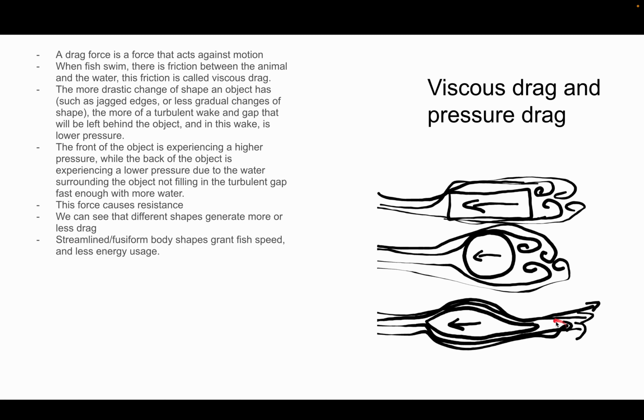This helps the lower pressure behind the fish, or the object in this case, not be as present as it would be with these more jagged shapes, not gradually defined, but bluntly defined.